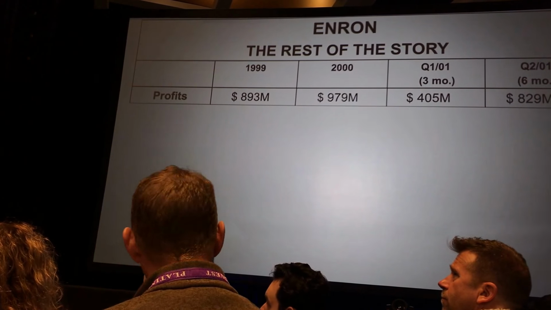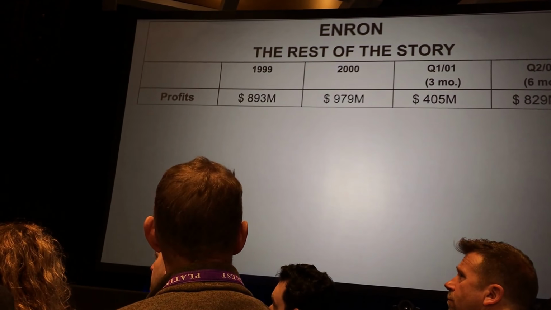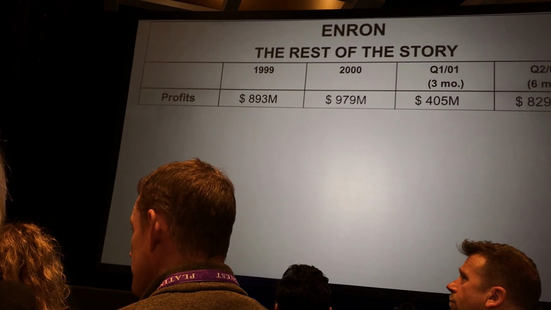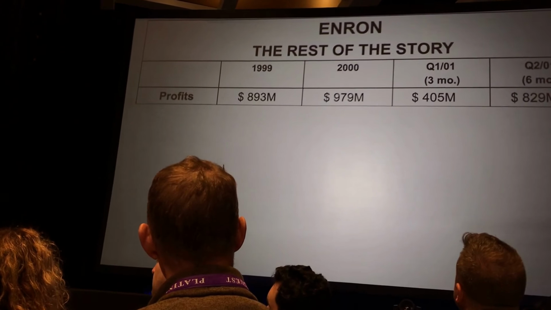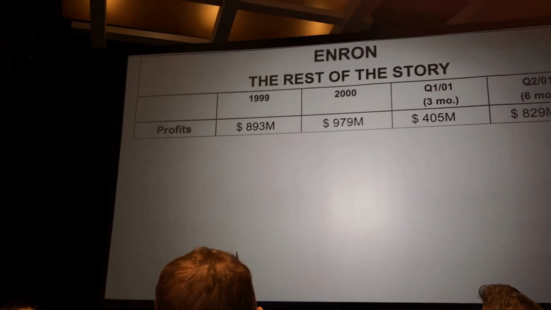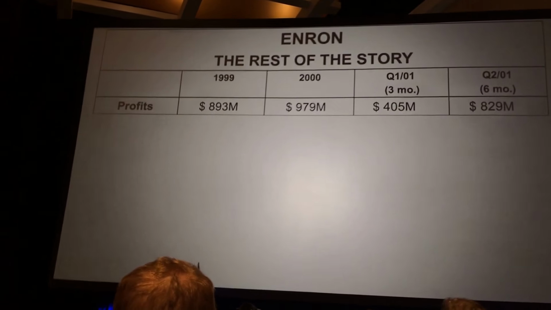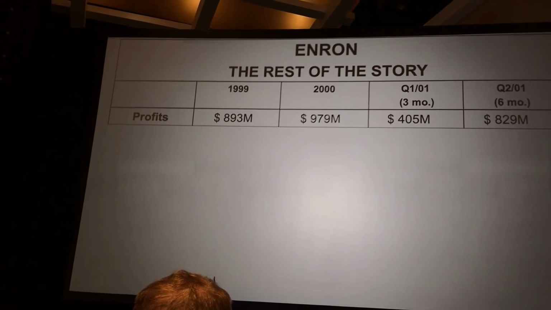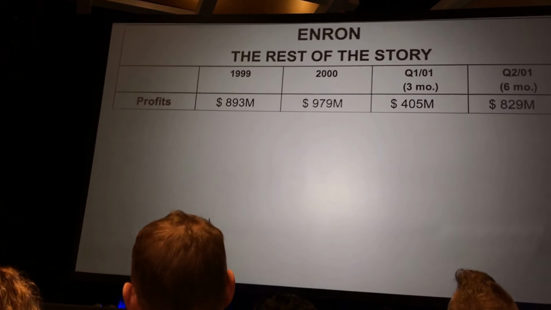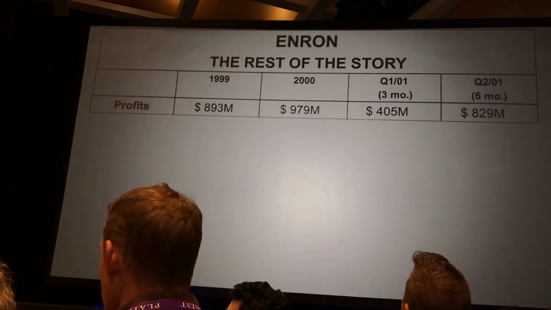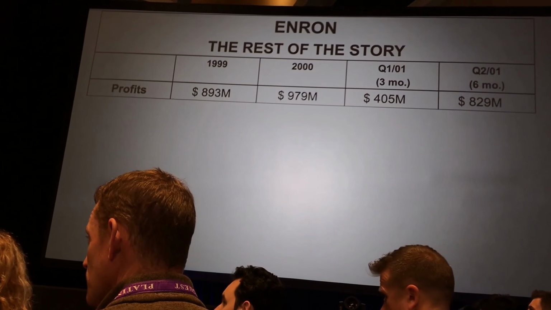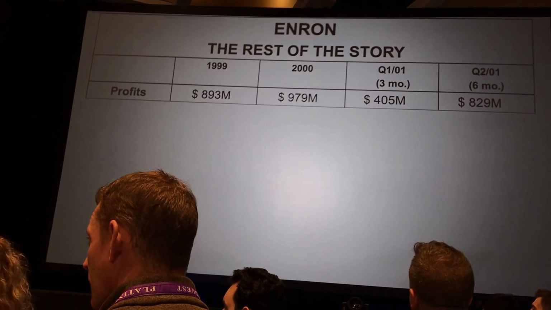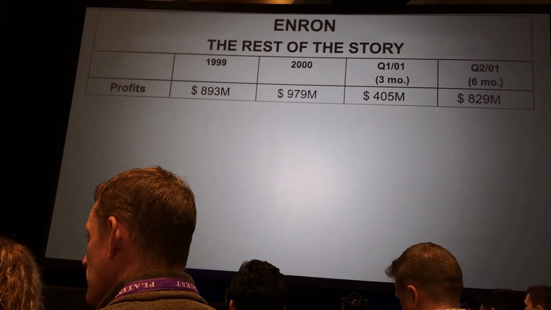Had anybody bothered to look, here's what the statement of cash flow looked like. So you saw these numbers previously. Here's the profits of Enron in 1999, 2000, Q1 of 2001, Q2 of 2001. This is what they told everybody. I'm about to unwrap O, I, and F. I'm going to show you O cash first.